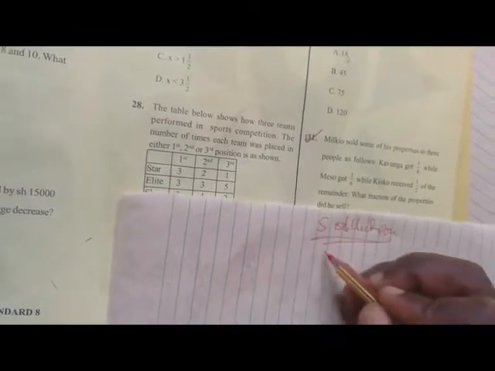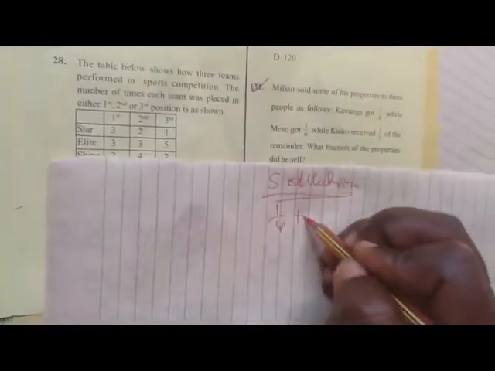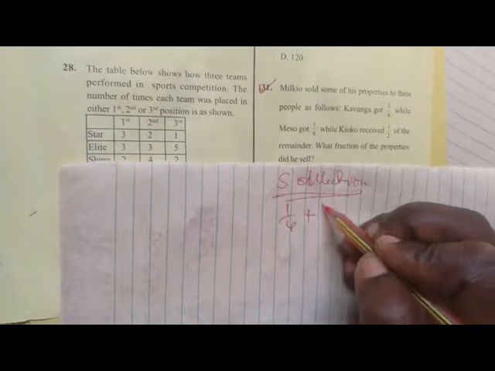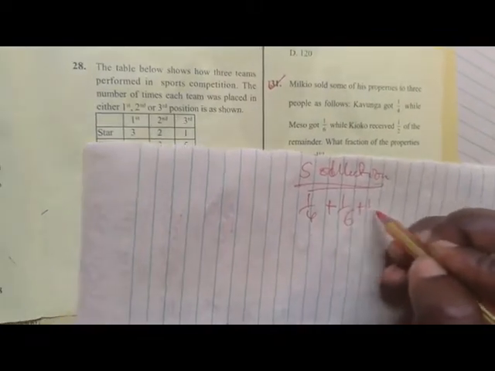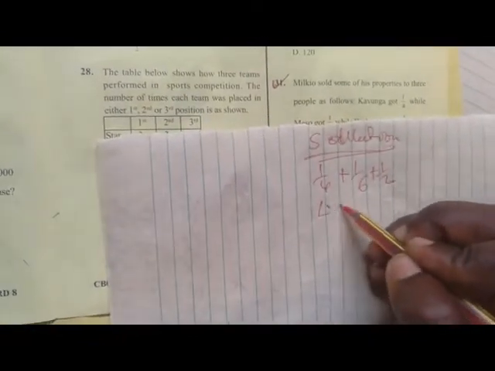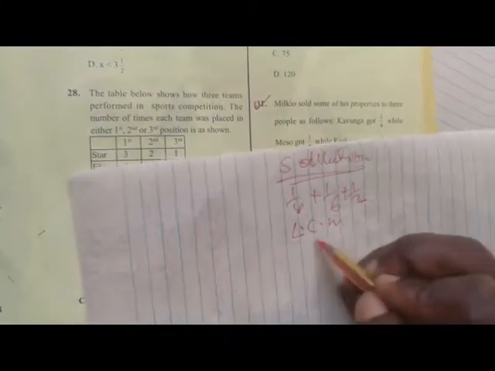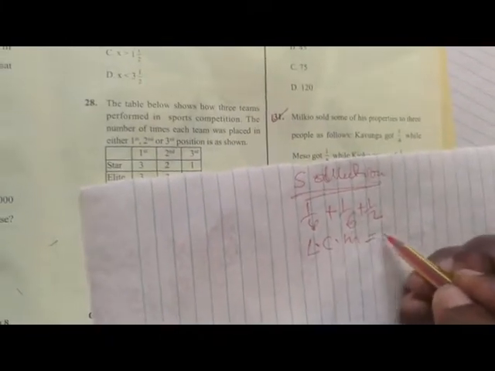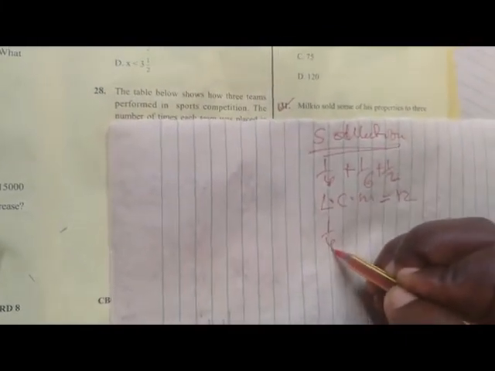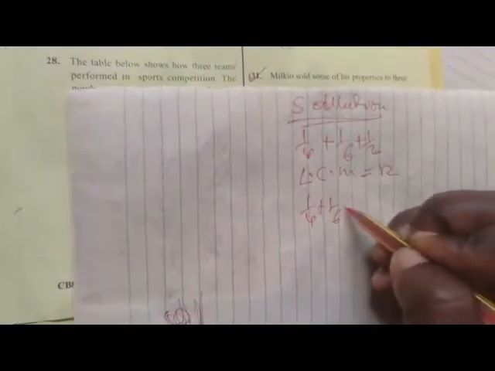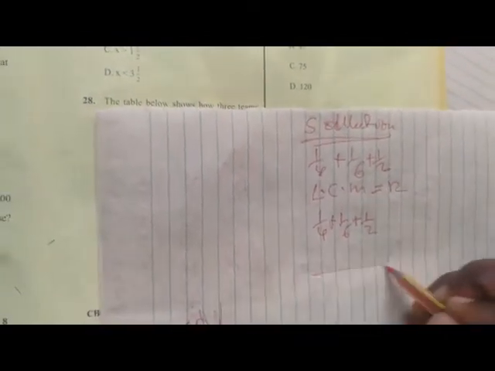For us to get the whole fraction, we have to add a quarter plus 1/6 plus a half. Now the least common multiple of 4, 6, and 2 is 12. Therefore a quarter plus 1/6 plus a half will give us, this is 12.